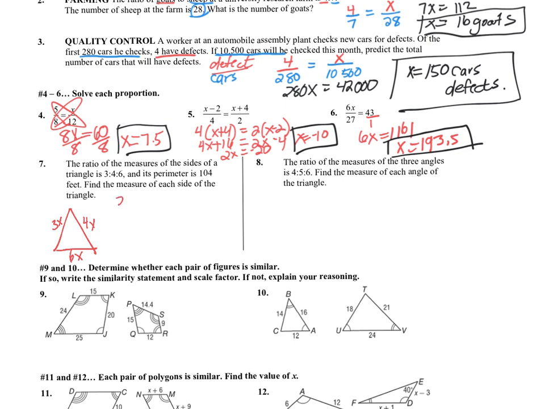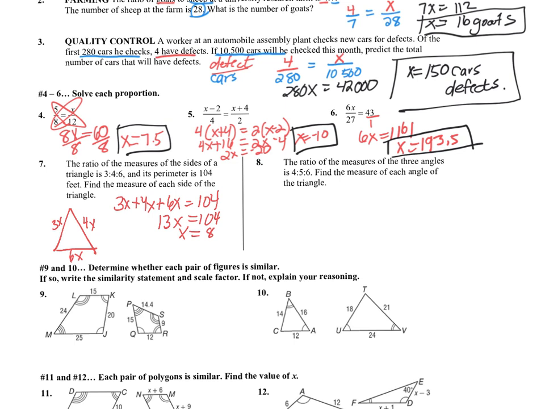So 3x plus 4x plus 6x equals 104. We combine those like terms and divide, and x will equal 8.